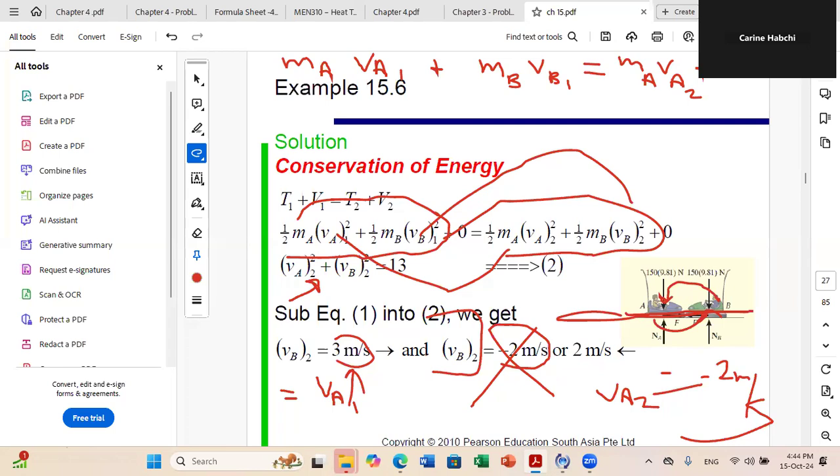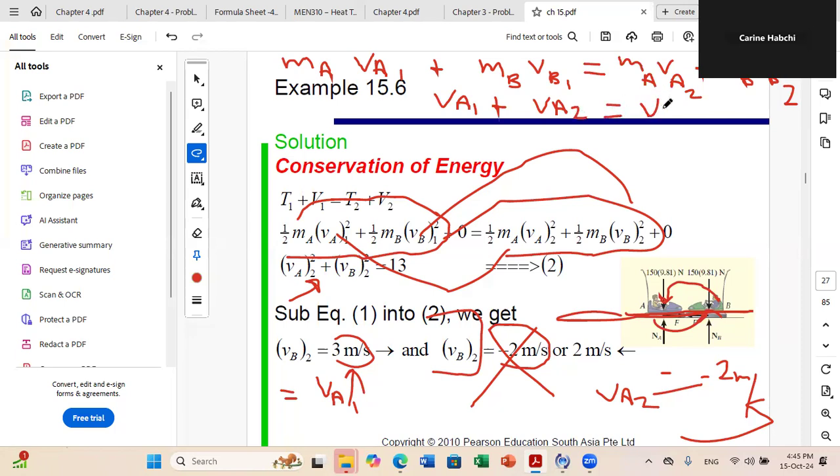So the only difference with the equation of the same mass is that the mass will not simplify. Your first equation will be a linear equation, and you replace the masses. The second equation that will still be applicable, even if the masses are different, and we proved it now, is VA1 plus VA2 equals VB1 plus VB2.